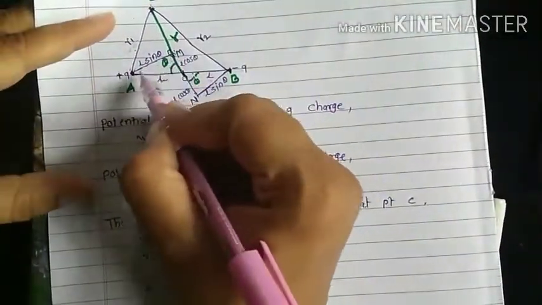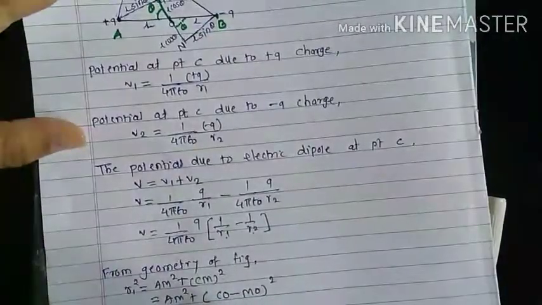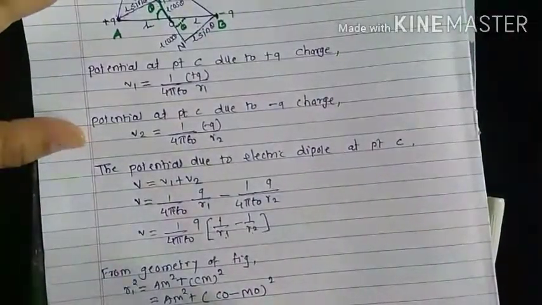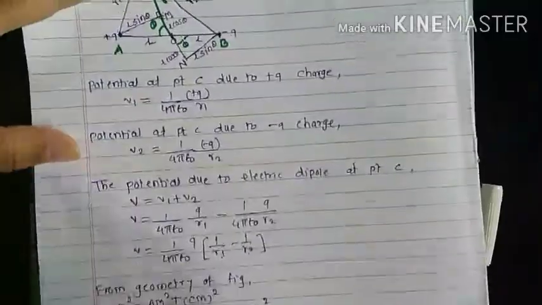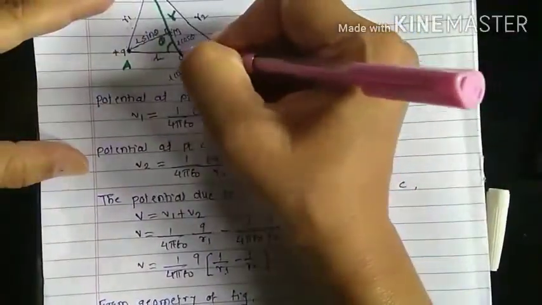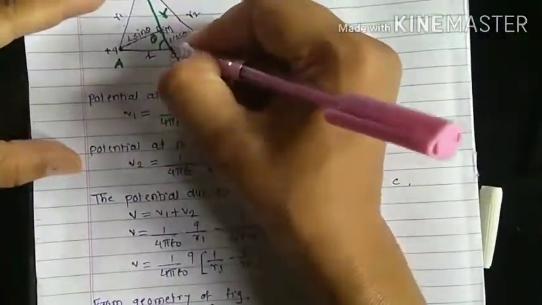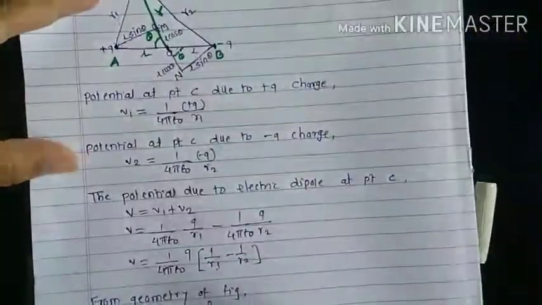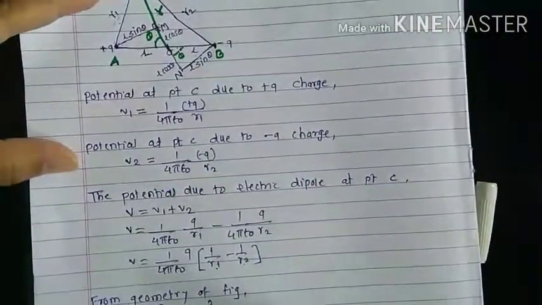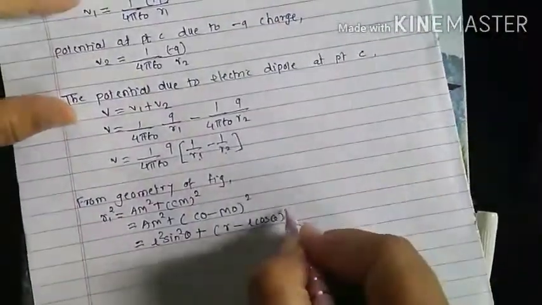We know the value of AM, this AM is L square sin square theta, plus CO, this total distance CO is nothing but R, minus MO distance, which is L cos theta, and bracket square.